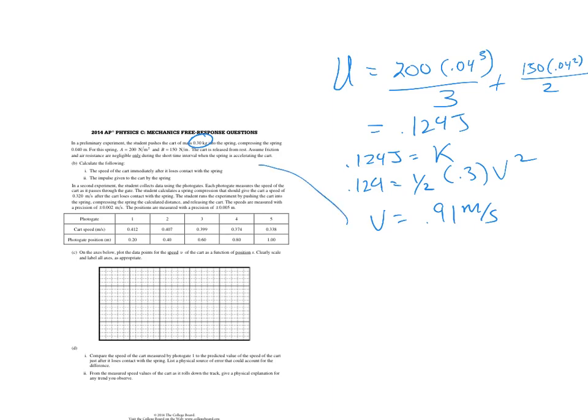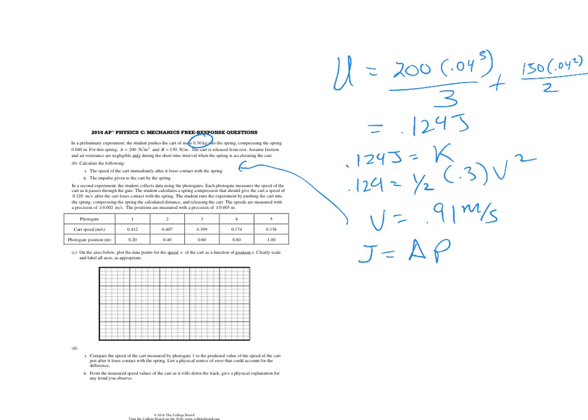So that's part A. Part B, the impulse given to the cart by the spring. So the impulse is going to be equal to, whoops, there we go. J is equal to change in momentum. You could also do an integral of the force with respect to time, if you wanted to, but that would probably be more work than it's worth.